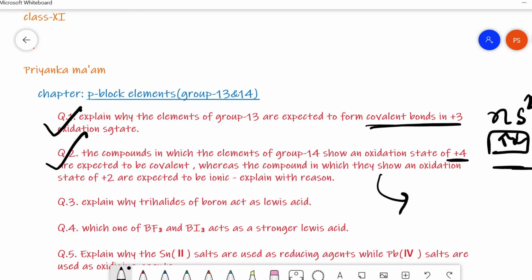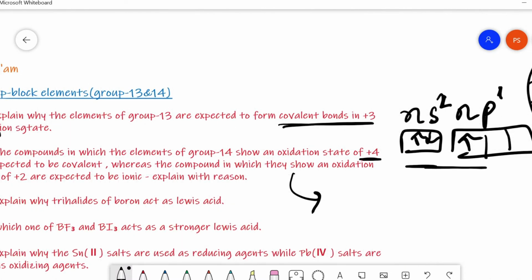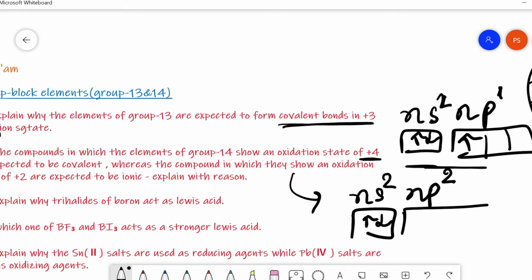The general electronic configuration for the elements of group 14 is ns2 np2. There are a total of 4 valence electrons present.